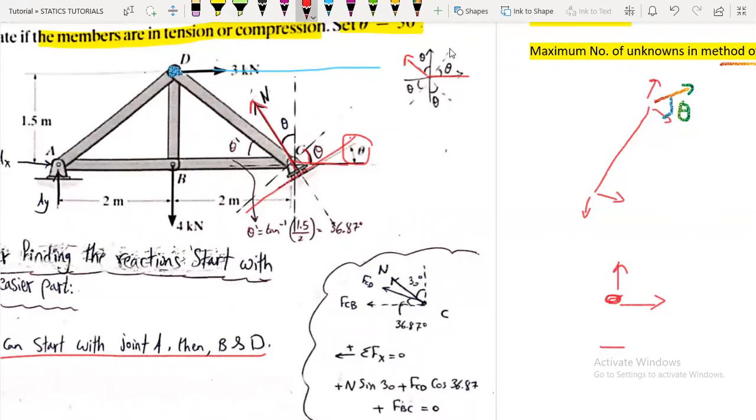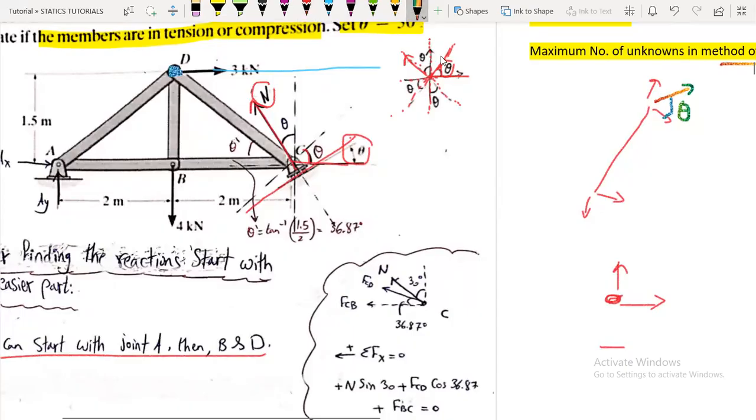So this theta is given to be 30 degrees. If we make our axes, this is the vertical axis, this is the x-axis, and this is the axis of the N force, and this is our force line perpendicular to it.